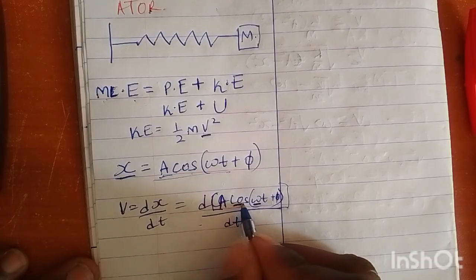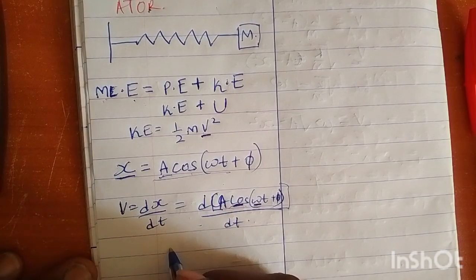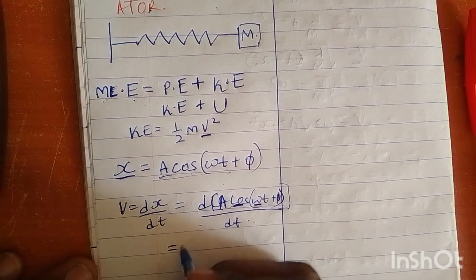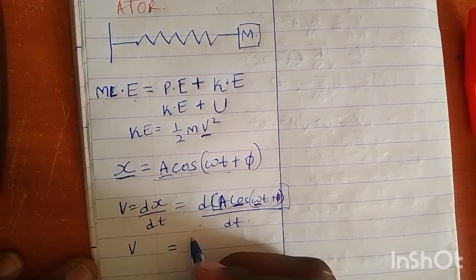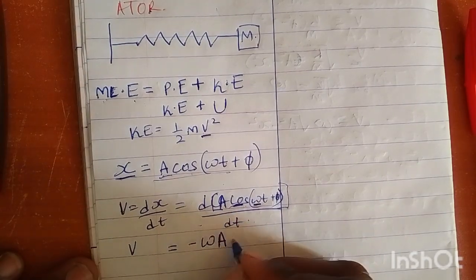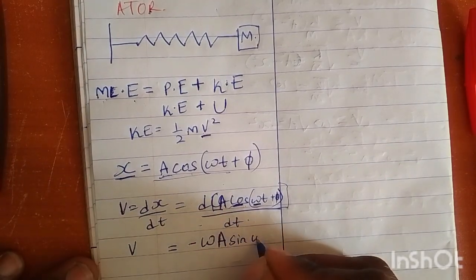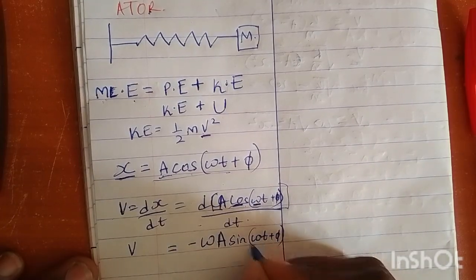Then when you differentiate cos, you get a negative sign. Therefore, the velocity will be equal to negative omega A sin(omega t plus phi).